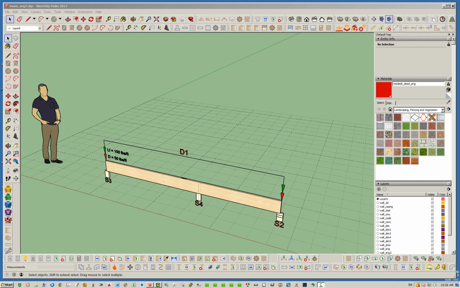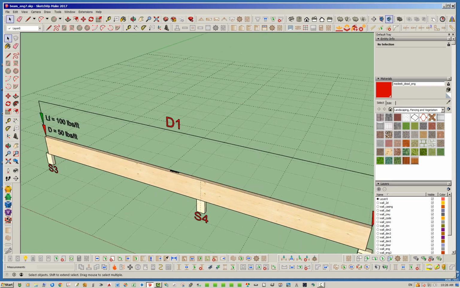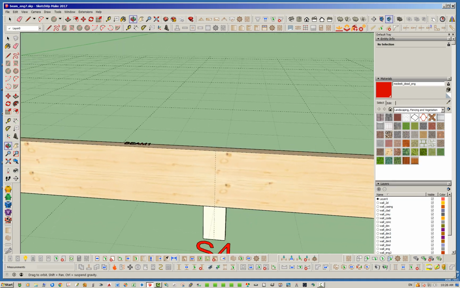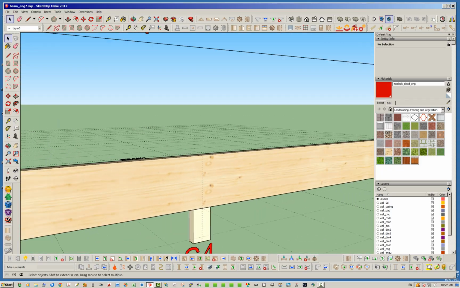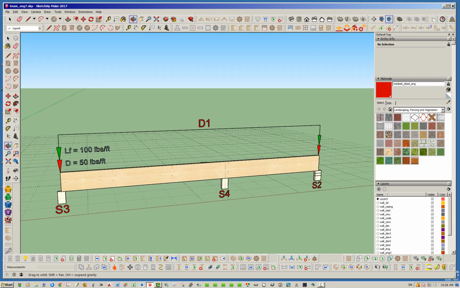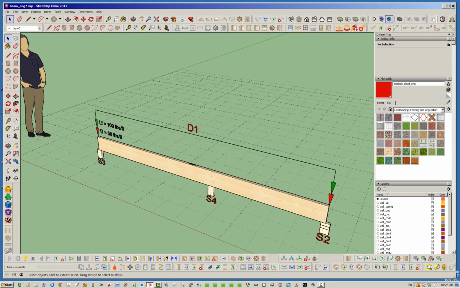Okay, so with the blocking enabled on a support, you're going to see a little dashed line shown on the sides of the beam at the center of the support there. That indicates that you have blocking enabled for that particular support. With the blocking enabled, it's going to treat this beam as being supported top and bottom at this specific point along the beam length.